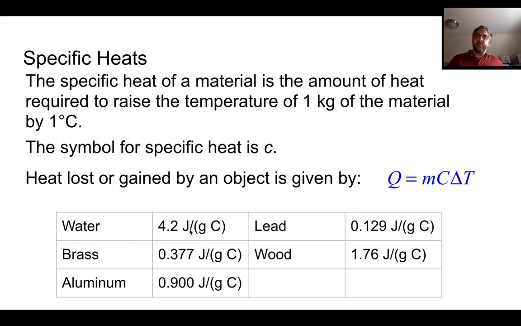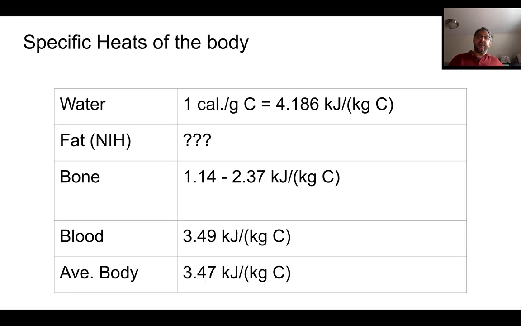That was something that we went over before the break, and different objects are going to have different specific heats. Water, as we already said, has a specific heat of about 4 joules per gram, or 4 kilojoules per kilogram per degree Celsius, but it also takes 1 calorie.